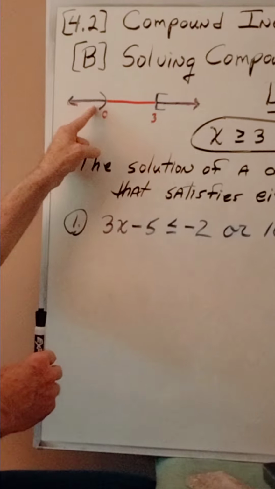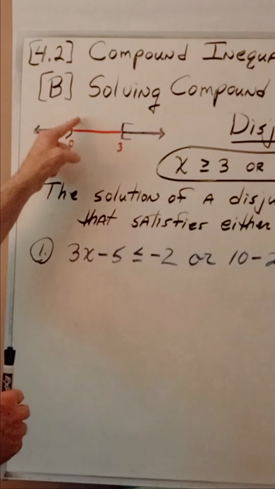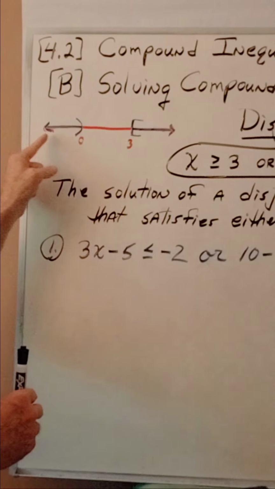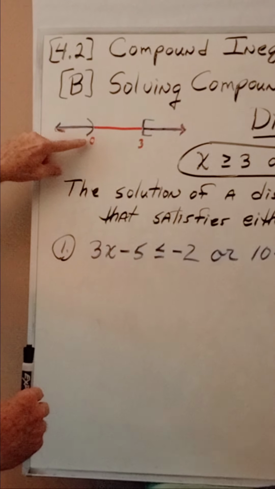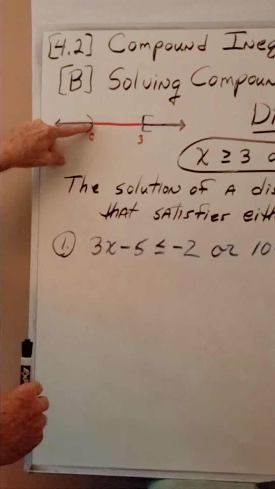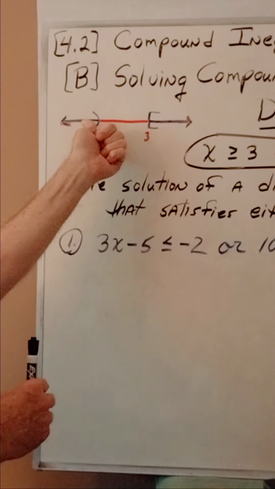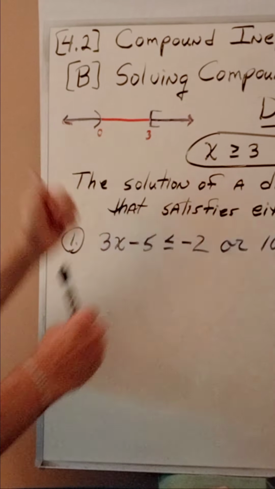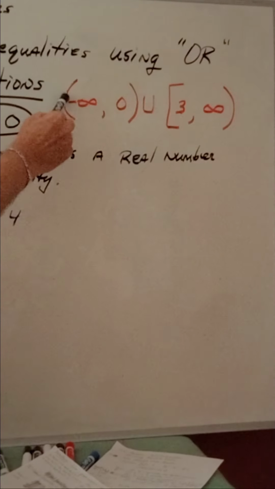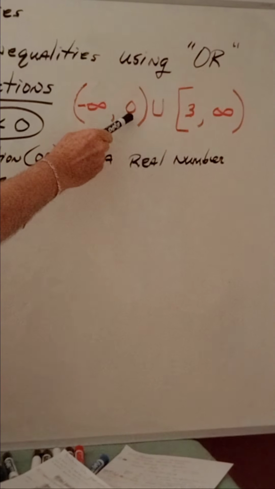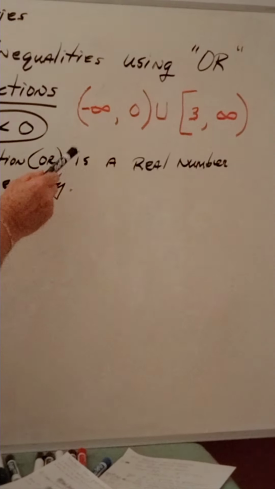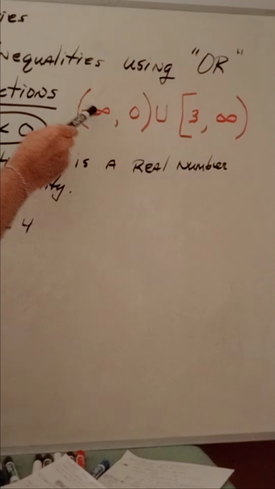If we were to look at this portion of the graph first, the largest value of this portion is 0, even though it doesn't count, and the smallest value is negative infinity. So over here, you'll notice I put a parenthesis here and a parenthesis here, and I put as the largest value 0, and the smallest, negative infinity.